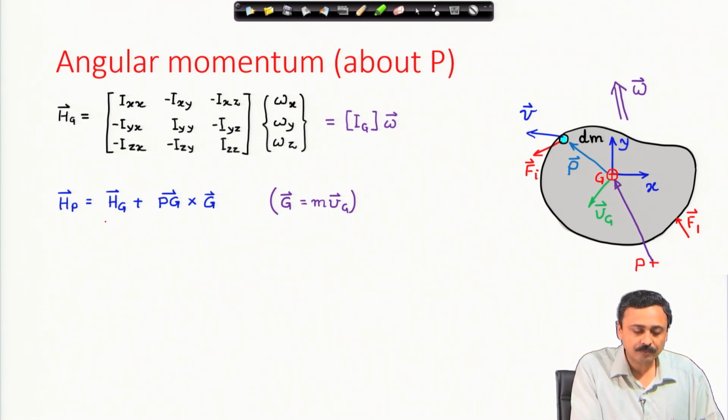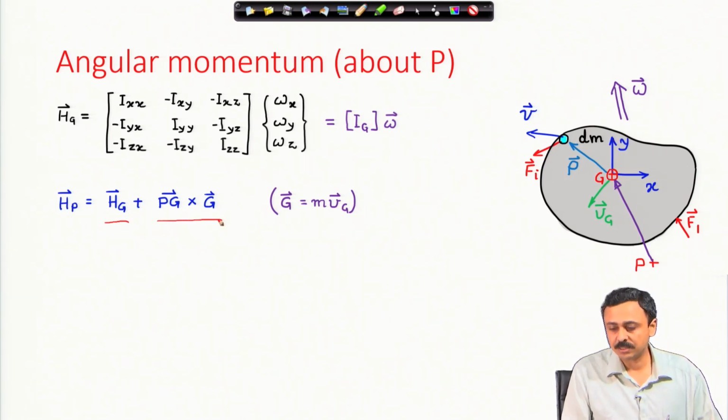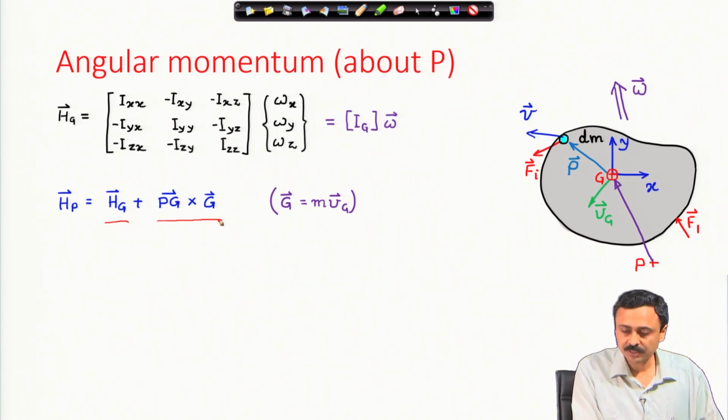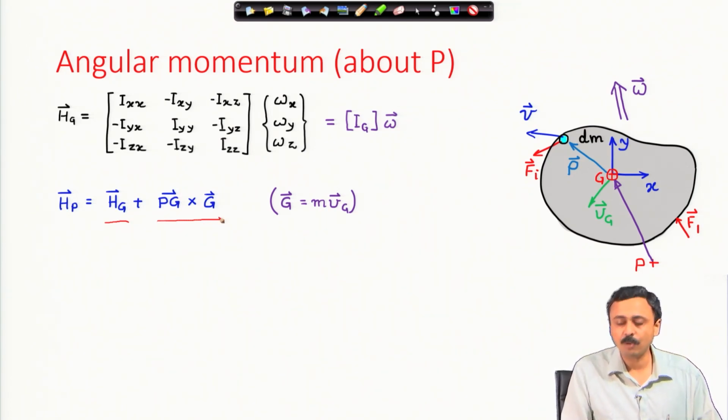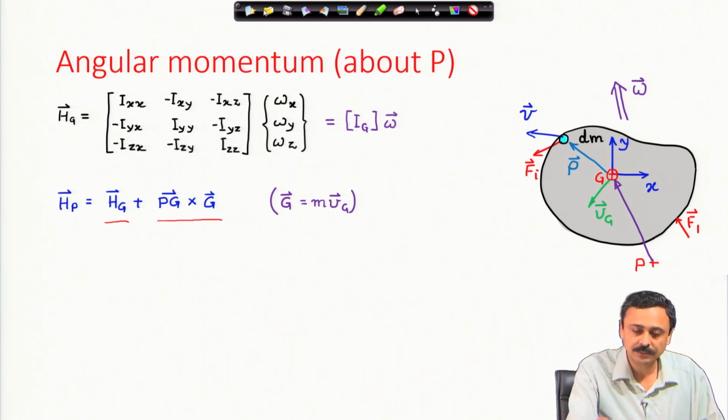Therefore, we have the angular momentum about G plus the moment of the linear momentum of G, the center of mass. Here capital G vector is the linear momentum of the center of mass, and linear momentum of center of mass is mass times velocity of center of mass.